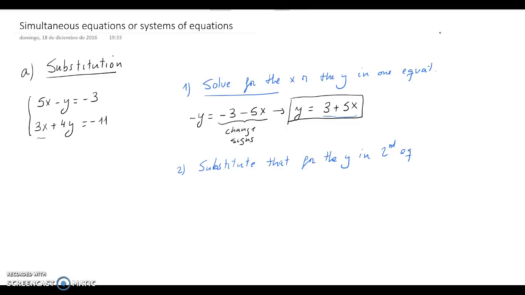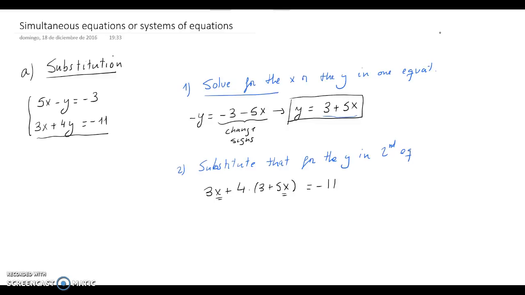So I'm going now to the second equation, and instead of writing 4y, I'm going to write 4 times 3 plus 5x. This is now an equation with only one variable, a linear equation, so I can solve this now.